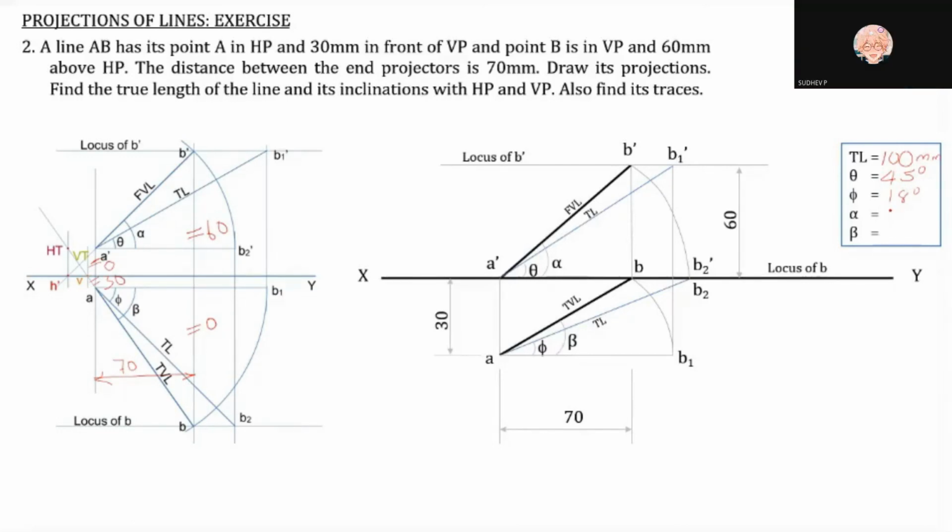Alpha 49 degree, okay. Then beta? 23 degrees. Okay, good.